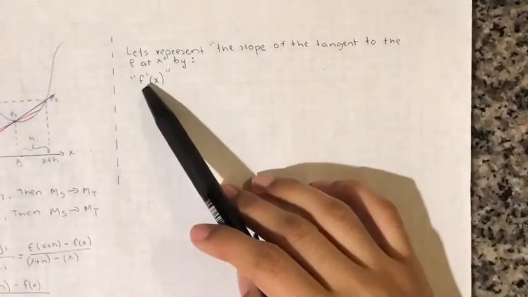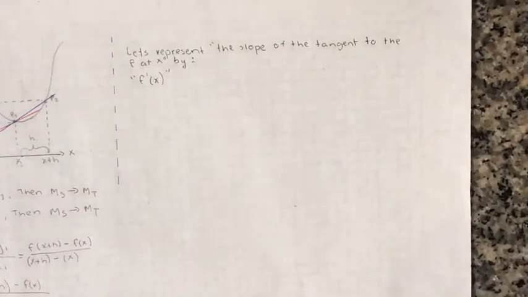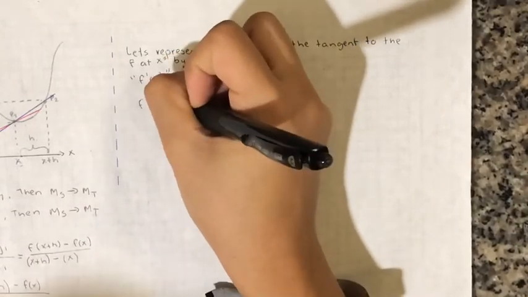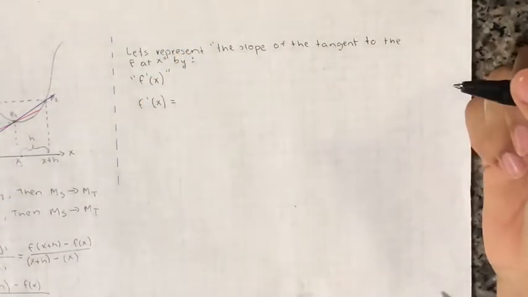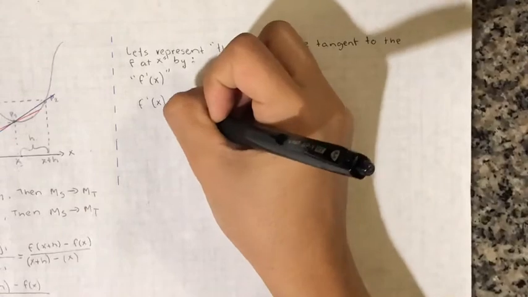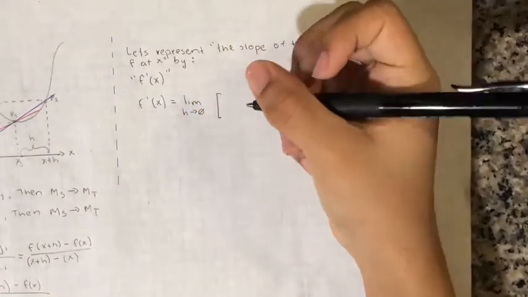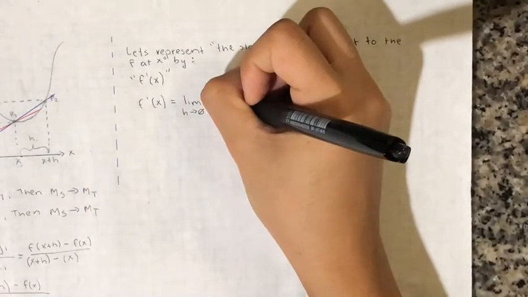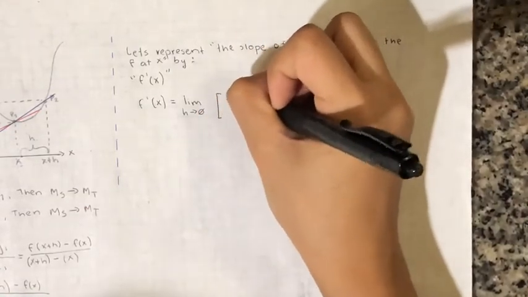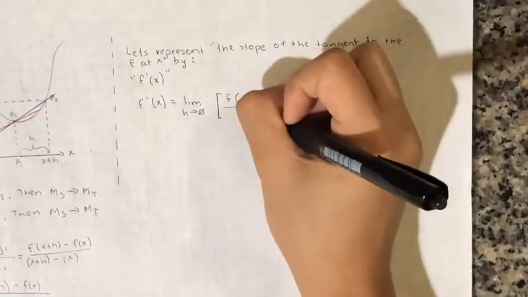So if f prime of x is the slope of the tangent to the function at point x, then we can also say that f prime of x is equal to the limit as h approaches 0 of the slope of the secant line, which is f(x plus h) minus f(x) over h.